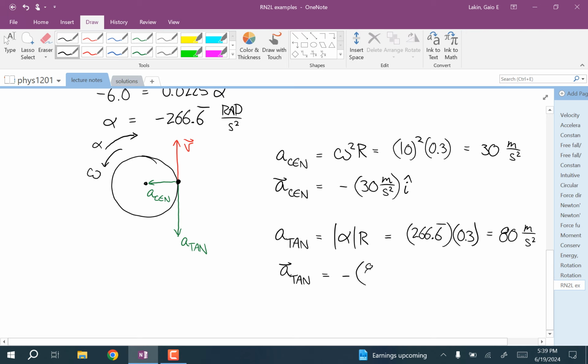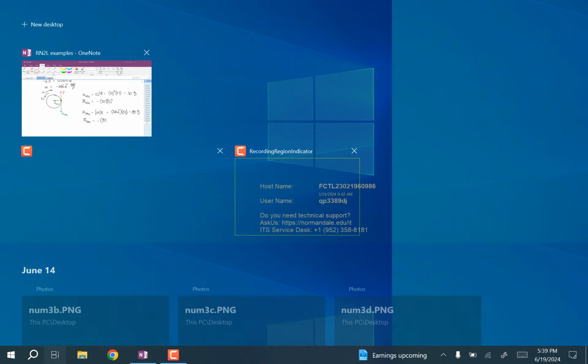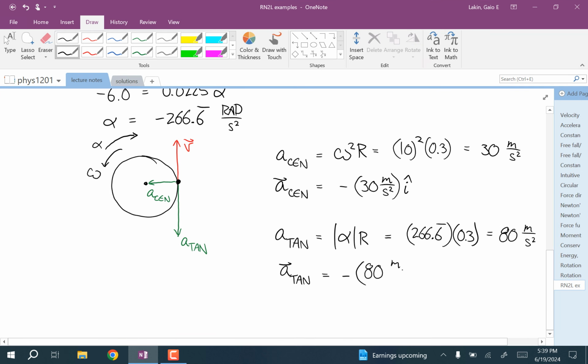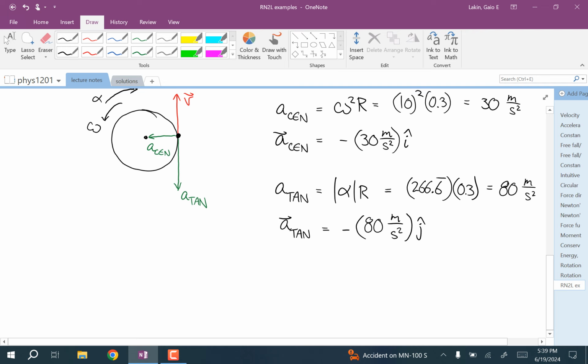So that's negative 80 meters per second squared times j. Now the total acceleration is the sum of those two parts. So the total acceleration of that point A is negative 30 meters per second squared times i minus 80 meters per second squared times j.